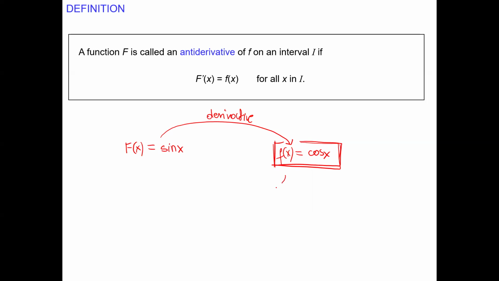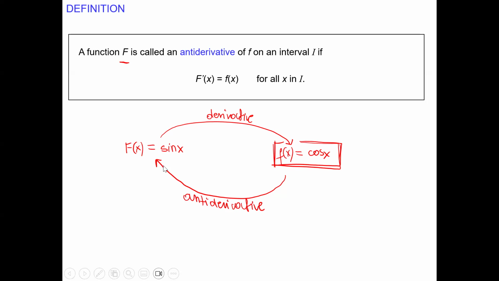You will nicely say it is the capital F. Yes, the capital F of x is called the antiderivative, because we can see that the derivative is sine of x.